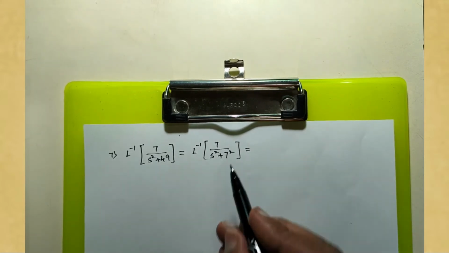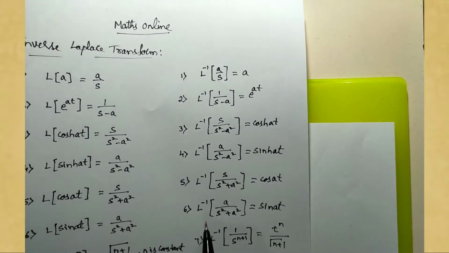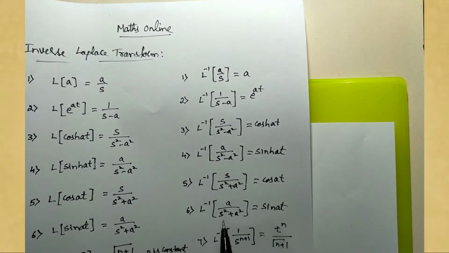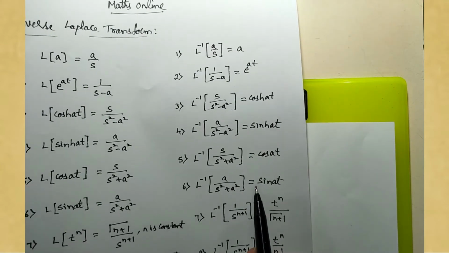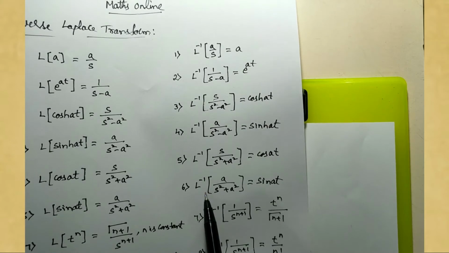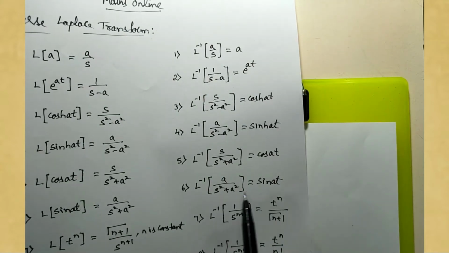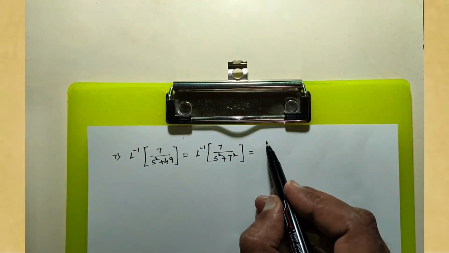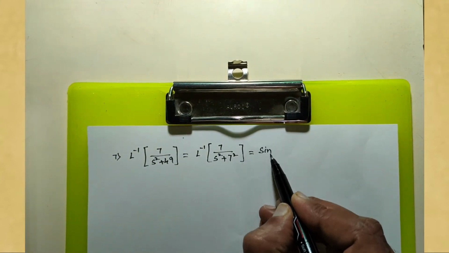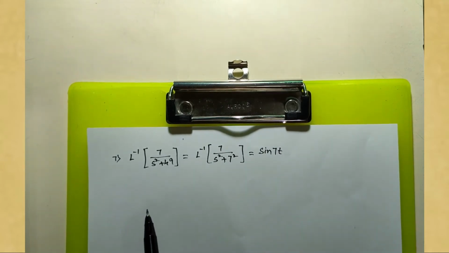This is similar to the formula that I have given you here: L inverse of a by s square plus a square. This is formula number 6, which is sin at. So I can write it here as sin at. A value is 7. So we'll be getting sin 7t.